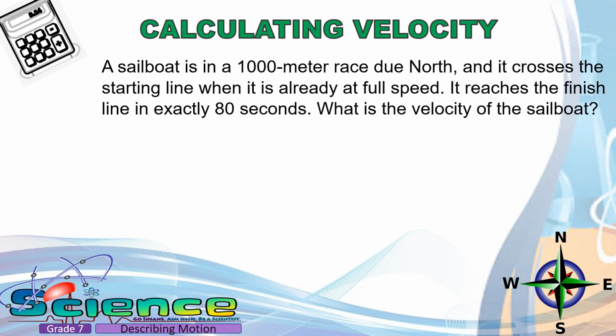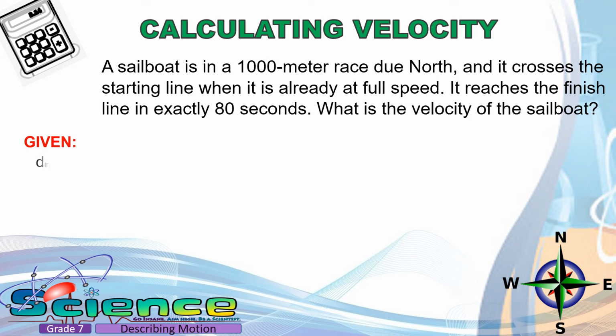A sailboat is in a 1,000-meter race due north, and it crosses the starting line when it is already at full speed. It reaches the finish line in exactly 80 seconds. What is the velocity of the sailboat? Again, the first step to solve this problem is to list down the given data.